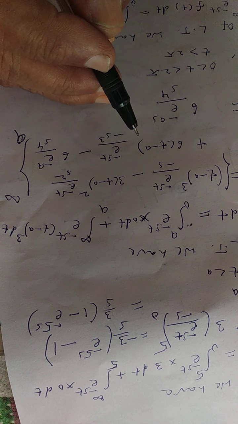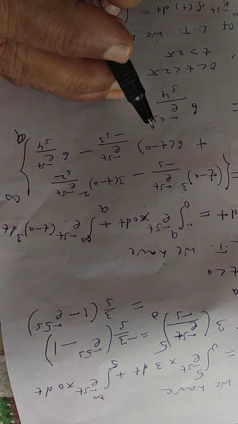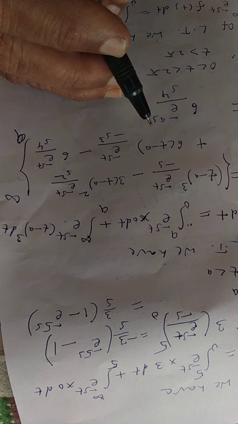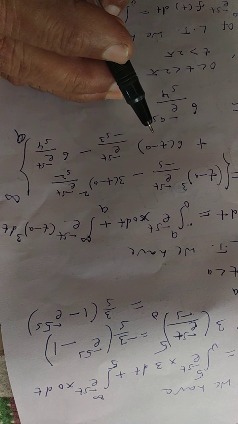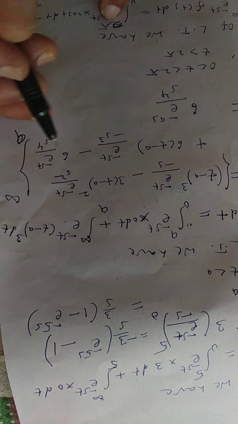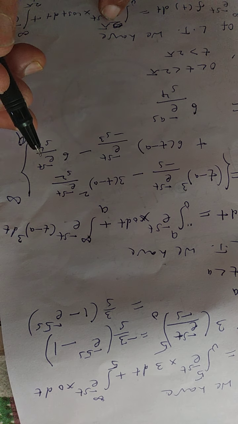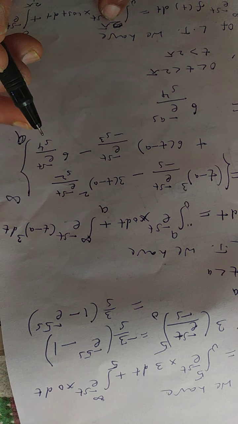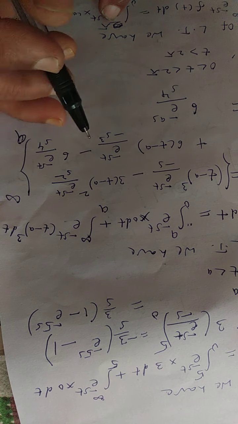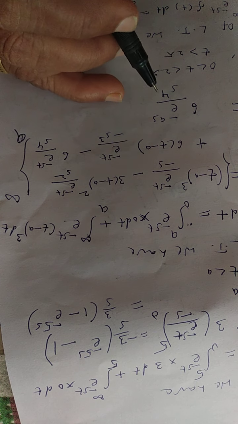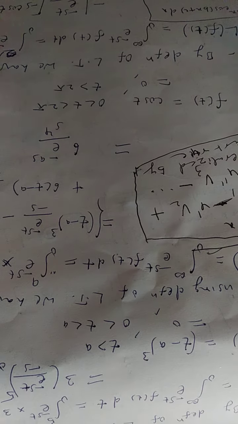And this one is 6 into e raised to minus as divided by s raised to 4. So minus minus becomes plus. So this one is your answer.